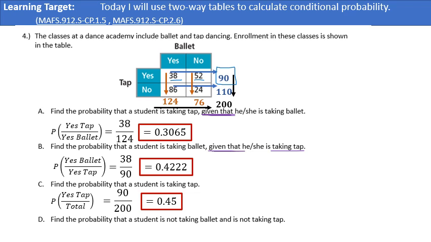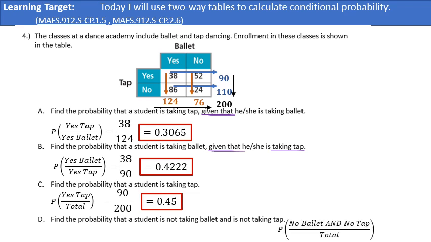All right, D, find the probability that a student is not taking ballet and is not taking tap. Okay, so they're not taking ballet. They're not taking tap. Do we know anything about the people? Do we know where they come from? No, we don't. There's no given that. That means it could be out of everybody or anybody. So we're going to look at 200 as our total denominator.